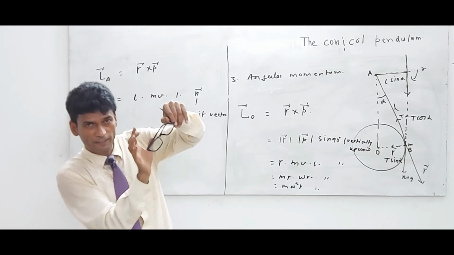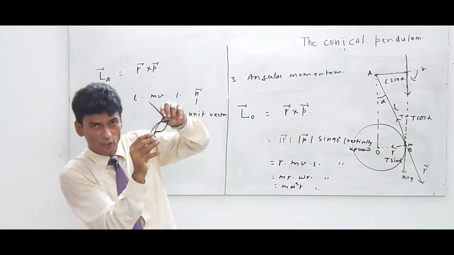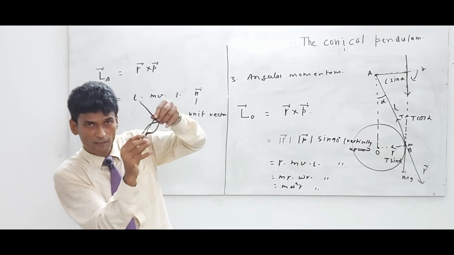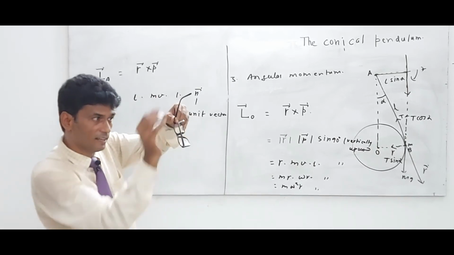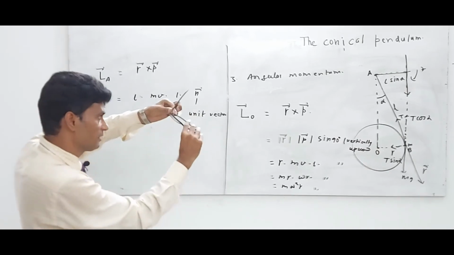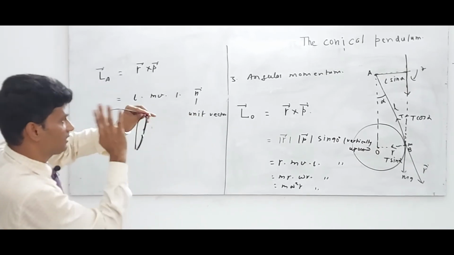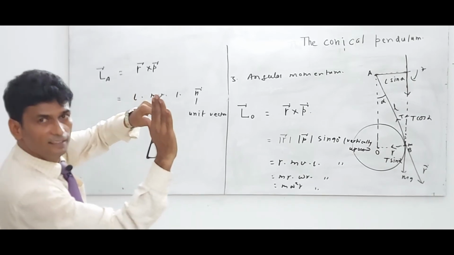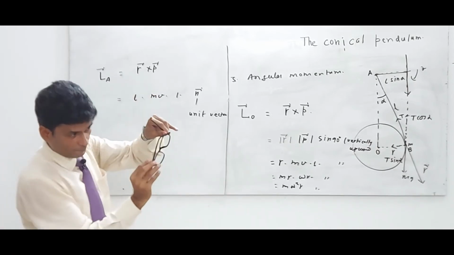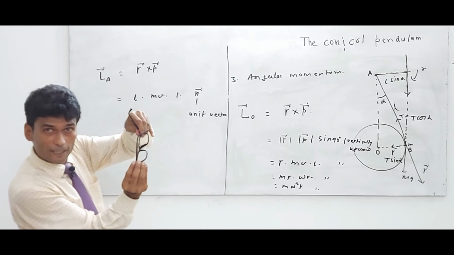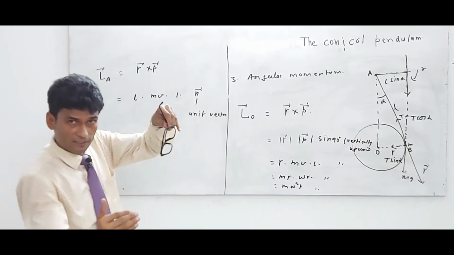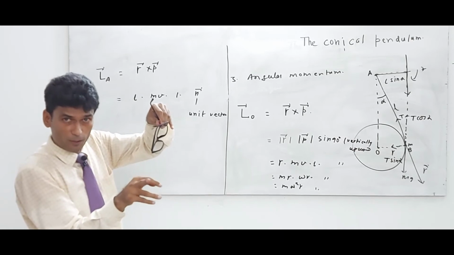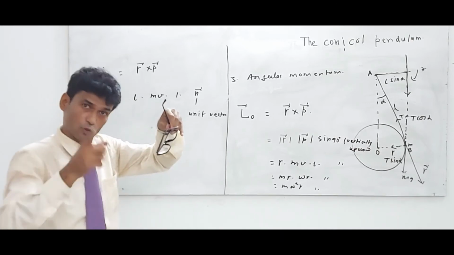So the angular momentum vector about this point of suspension, if the bob is here, then there; if the bob goes like that, then here, there. It is perpendicular, and because the bob is moving with a constant velocity, it is always perpendicular to both the radius vector, that is the length of the conical pendulum, and the velocity vector, supposed to be constant.